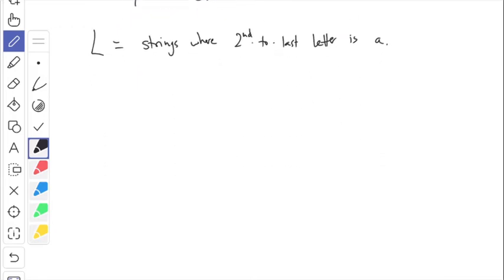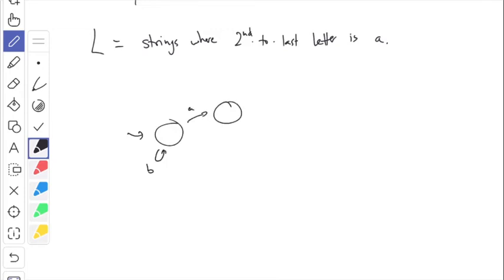I'm going to try, and I believe this is the simplest way to do it with the DFA. You start somewhere. First of all, it doesn't matter if there are a bunch of B's. What you care about really is the A's. This state here would represent the A is last. And then if you do one more thing with the A, then A is second to last.